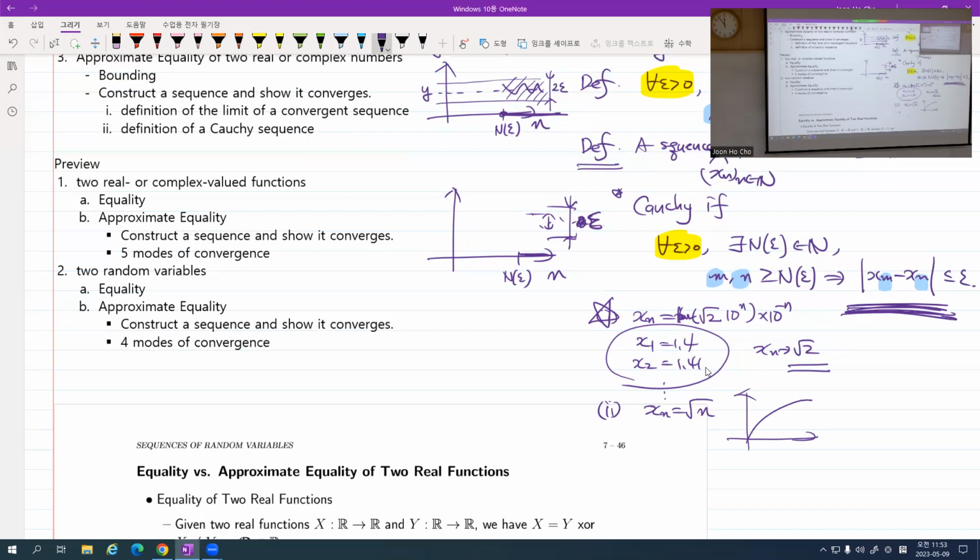The problem is that you can easily show that the difference of two consecutive elements of the sequence converges to 0. So in some sense, for sufficiently large n, the difference between neighboring elements goes to 0. However, the sequence never converges.